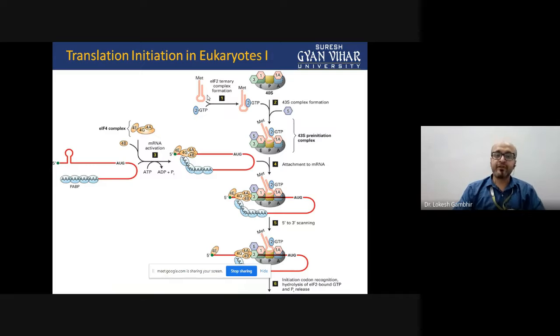Then simultaneously, what is happening? The initiation factor 2, which is a GTP bound molecule, will bring the first methionyl tRNA. Now the methionyl tRNA is bound with initiation factor 2 and a GTP molecule, and this complex of GTP, initiation factor 2, and methionyl tRNA is called the ternary complex.